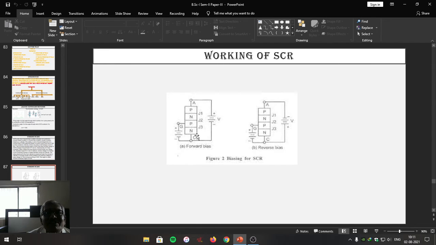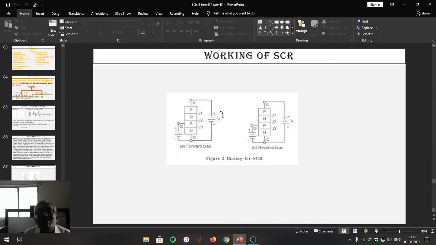But when this happens, simultaneously J2 is reverse biased. Across J2, electrons from the N region will move away from J2, and holes from the P region will also move away from J2. Hence, the width of the depletion layer across junction J2 increases and the barrier potential increases. All these actions across J1, J2 and J3 take place simultaneously as we go on increasing the externally applied voltage.